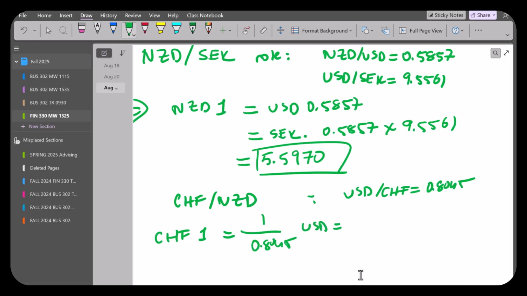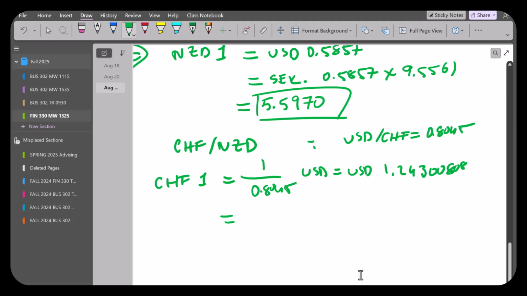Typically, you put the symbol at the beginning, but 1 over 0.8045, 1.24300808. Now I need to convert that into New Zealand dollars.